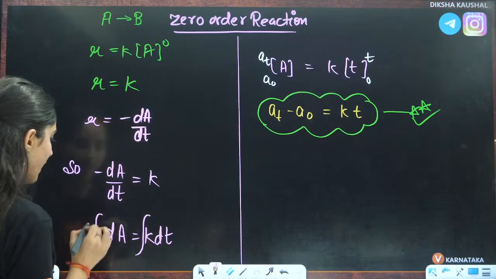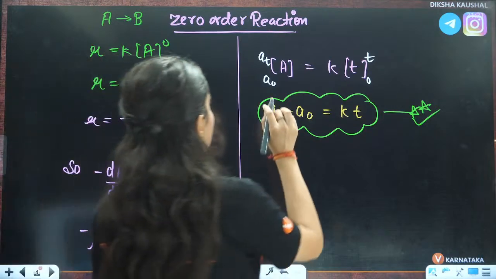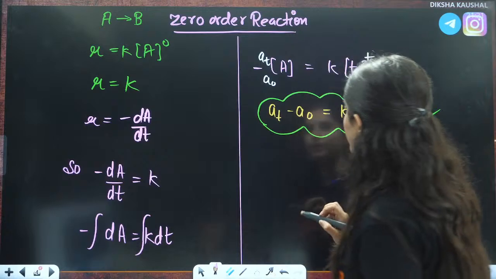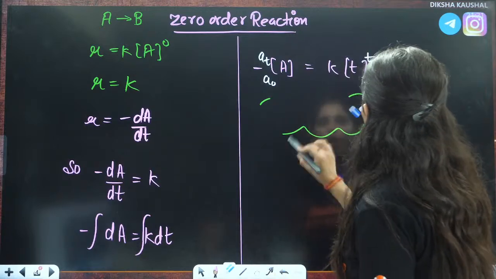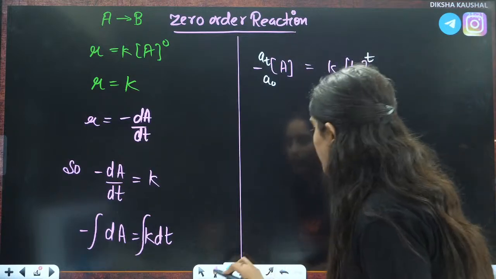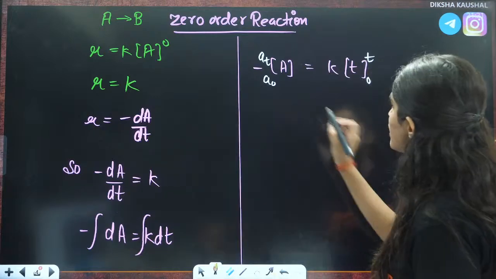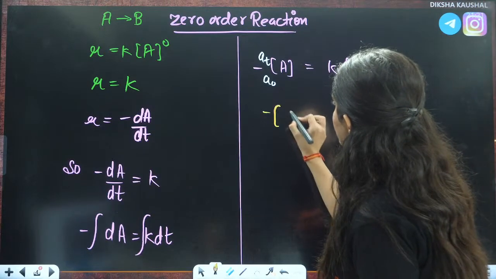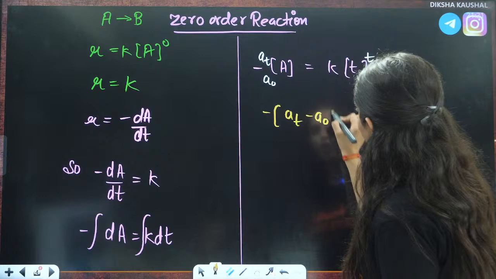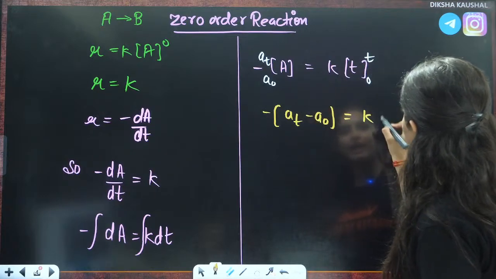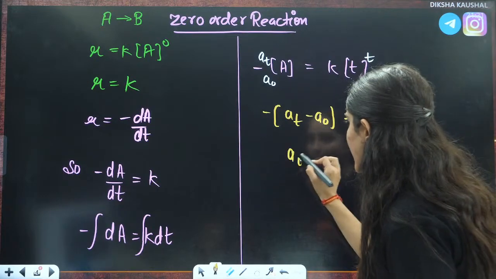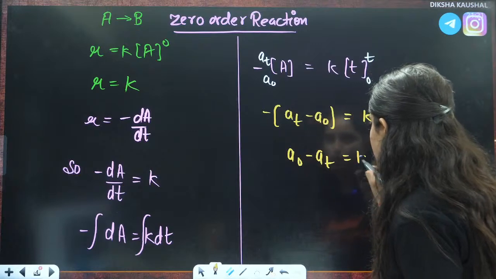Here also it should be minus. We skipped one minus here. So it will become minus of (A_t minus A naught) equal to kt, and this will become A naught minus A_t is equal to kt.